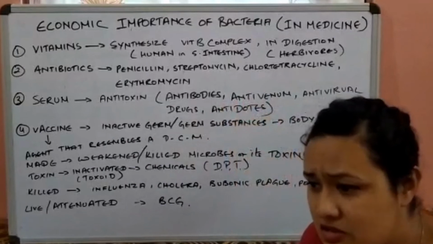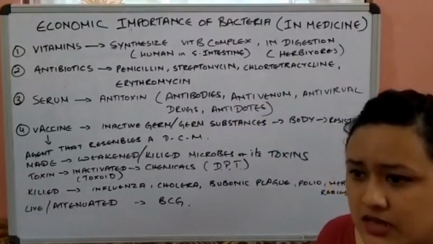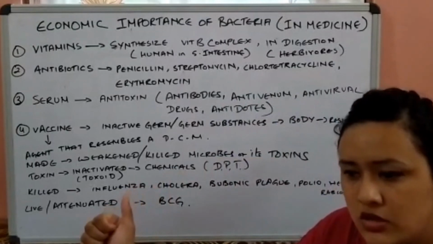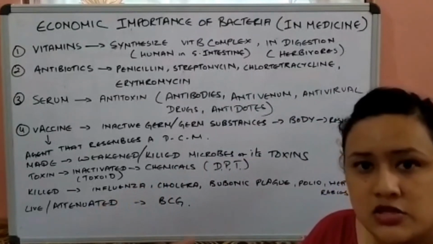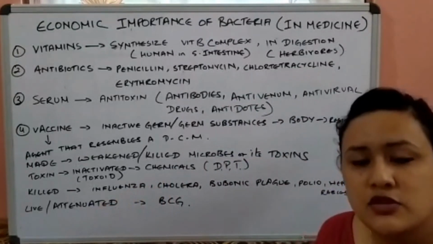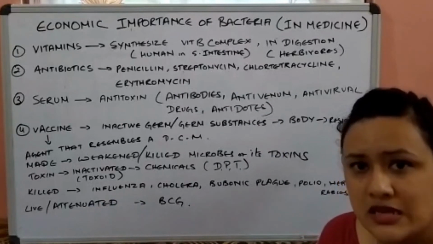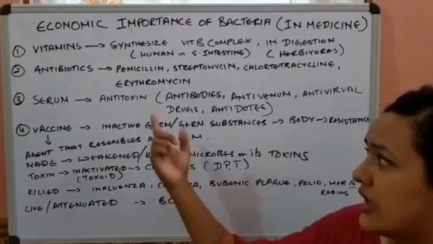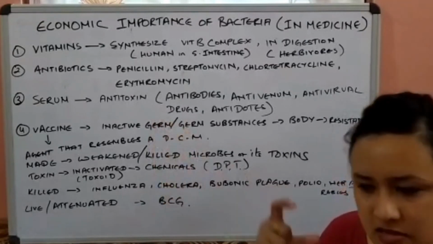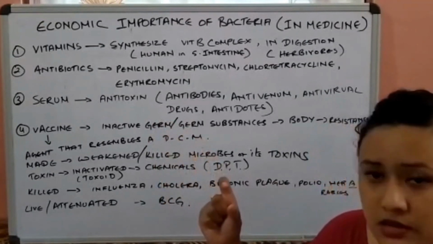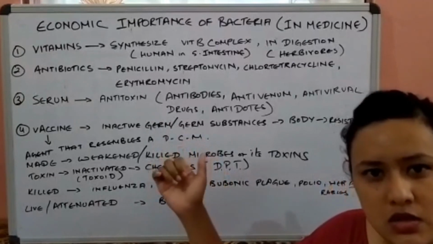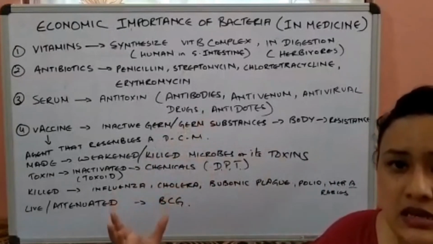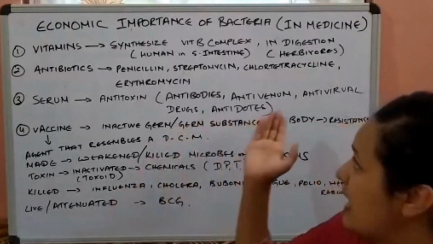The same thing applies in the case of antivenom. We take the venom and inject it into an animal. Nothing happens to that animal; it can fight against the venom. That means its blood has produced antitoxin. So we take its blood, separate and take the serum from it, and we can utilize that in cases of snake bites, in the form of antivenoms.